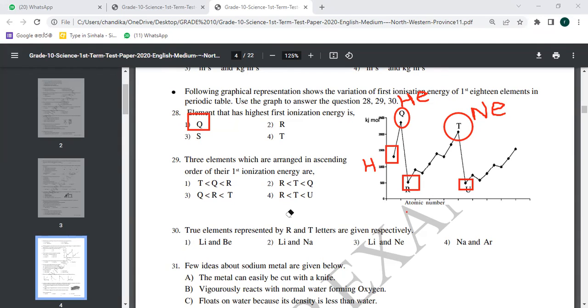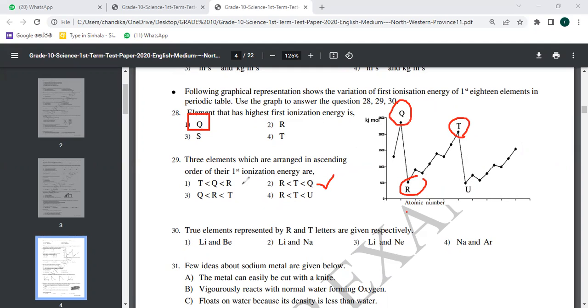Second one, you see, Q is greater than T. Q is the highest, then T, that is okay, then R. Okay, second one is true.